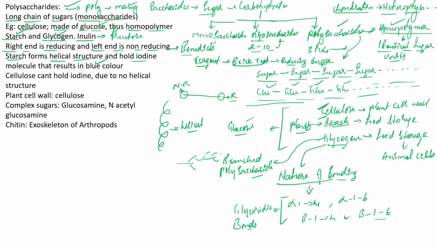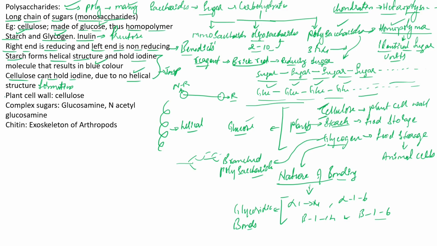However, cellulose can't hold iodine, due to no helical structure formation. There is no formation of helical structures in the case of cellulose. These two points are important. They may ask which of the following statements is true or not true regarding cellulose. Cellulose can't hold iodine. Why? Because it does not form any kind of helical structures.